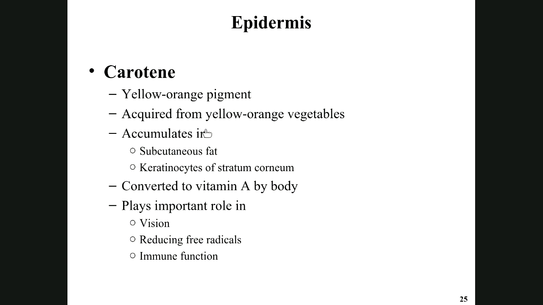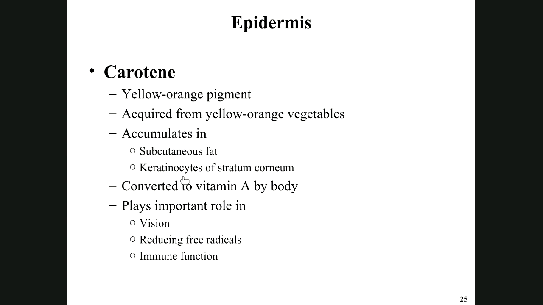This carotene accumulates in the subcutaneous fat beneath our skin, and also it can be stored in the keratinocytes of the stratum corneum. So if you only eat carrots for 2 or 3 days, the color of your skin becomes yellow. This yellowish color is different from jaundice.